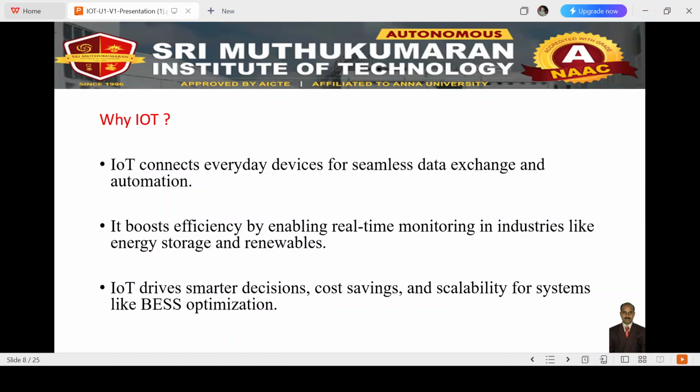IoT drives smarter decisions, cost savings, and scalability for systems like BESS applications. Not only BESS, it is mainly used for cost savings as well as scalability. What is scalability? Scalability means you can extend the features of the current devices to a new level, where there is no restriction. That's what scalability means, and IoT helps in that sense.